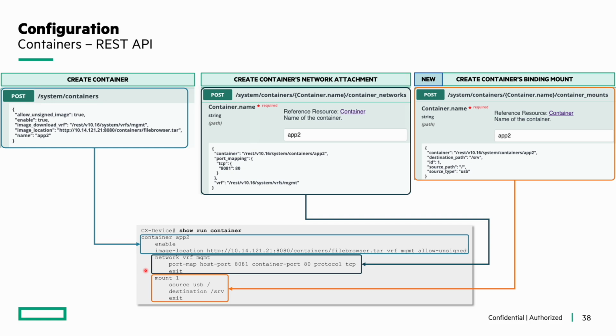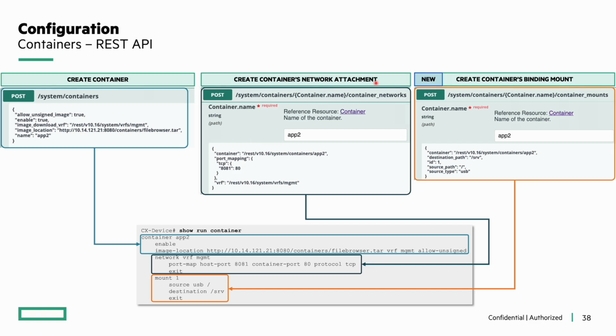On the other side, we also have a REST API. Coming from previous AOS-CX versions, we already had two APIs to configure the container. The first API creates the container, to specify the image location, the VRF, and so forth. And we had another API to configure the network attachment of the container.